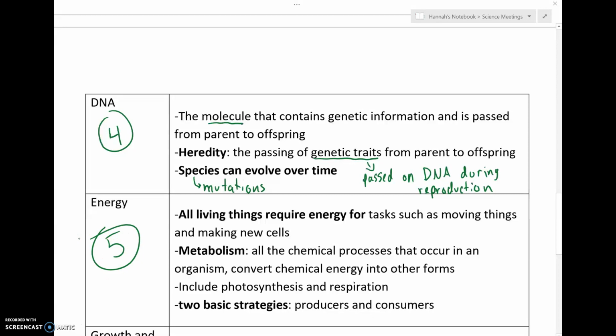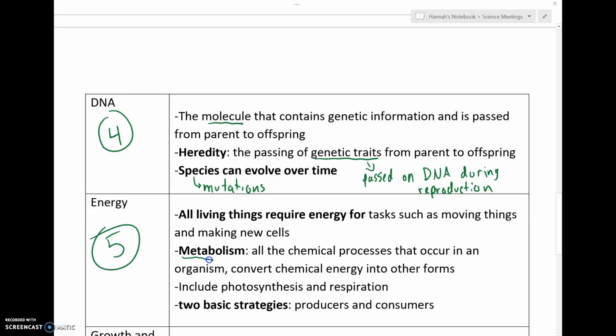All living things require energy for tasks such as moving and making new cells. So anything that makes a living thing, like growing, reproducing, anything that you can think of, responding to the stimuli from before, all those things require energy.